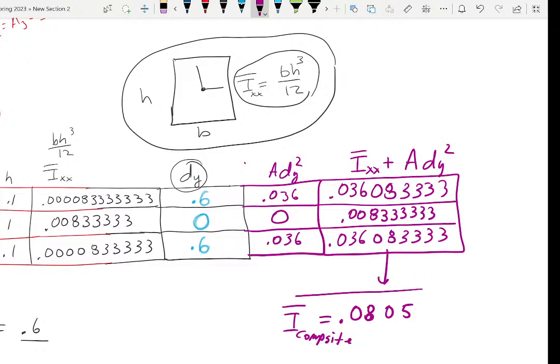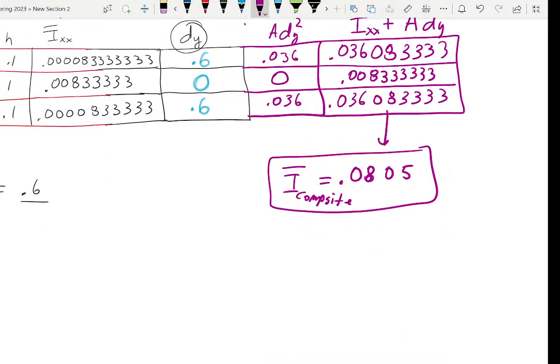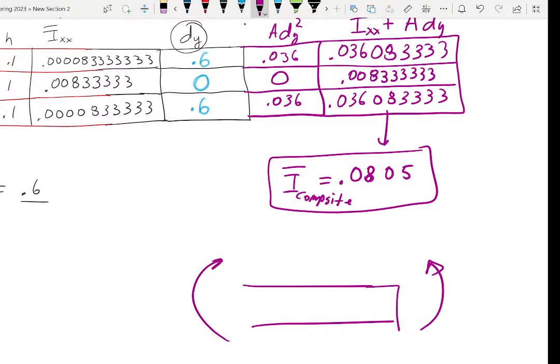Now, if you're in mechanics of materials, what you do next is somebody tells you you have a beam and somebody put a moment on it. So you put a moment, that's supposed to be M. I'm just making stuff up, so 1,000 foot-pounds on it.